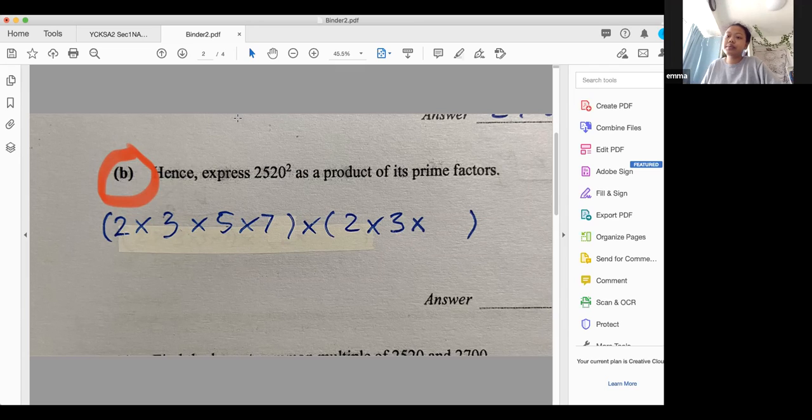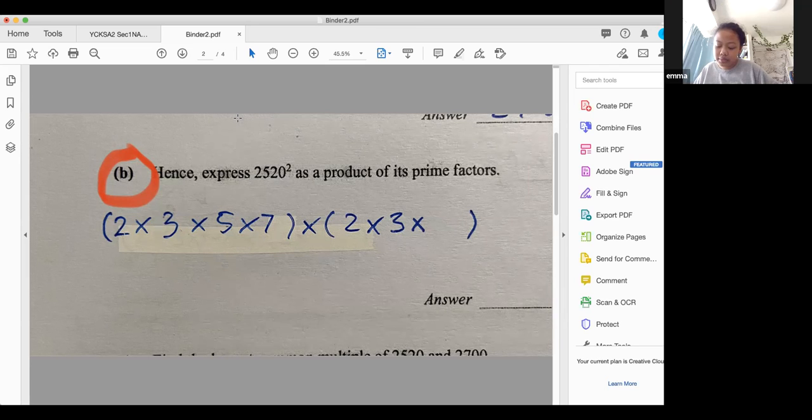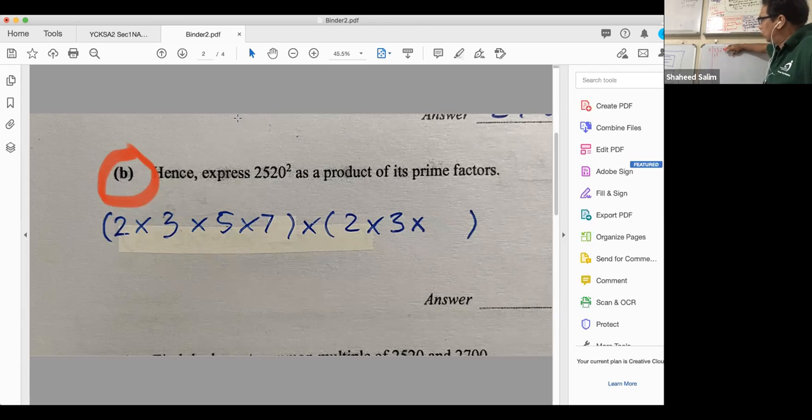You can use a calculator. 1260. Oh wait, it's times 2520, right? Yeah, we just look at this one first. 2520 divided by 2 is 1260. So this must still be 2520. Now it's going to be a very long process. Okay, we try again. Next one is how much? 2.